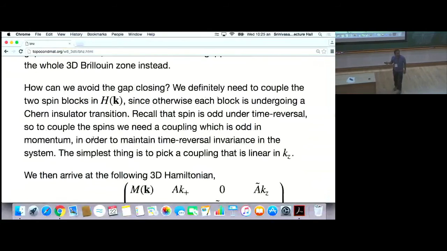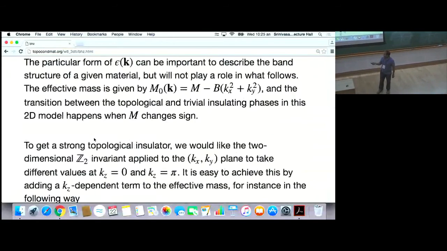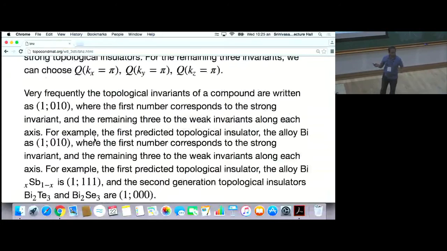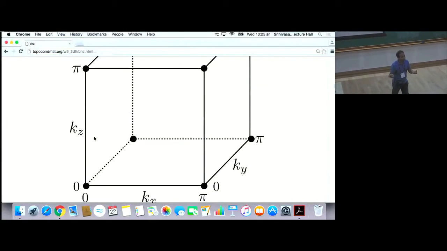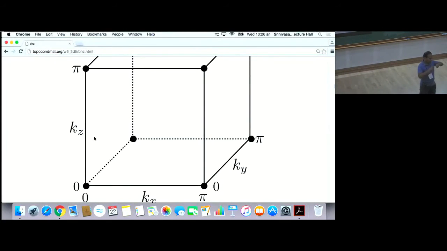The way I was calculating the invariant is I take the orbital parity of each of these TRIMs, and I take the product over a plane, and then on the other plane, I take the product over another plane, and so on. This is all with inversion symmetry.